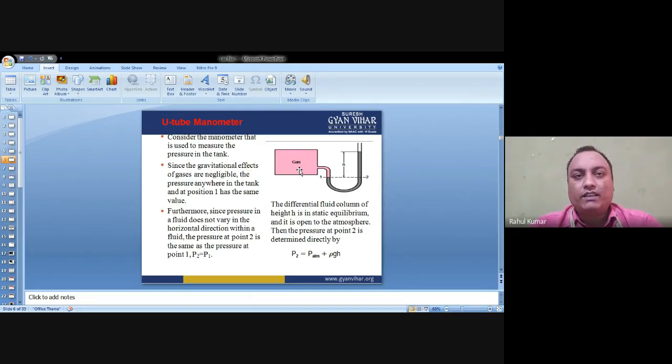For finding the pressure, we can use a Bourdon pressure gauge, right? First method is the Bourdon pressure gauge, and second method is the U-tube manometer. So here one manometer is attached for the purpose of measuring the pressure, right?